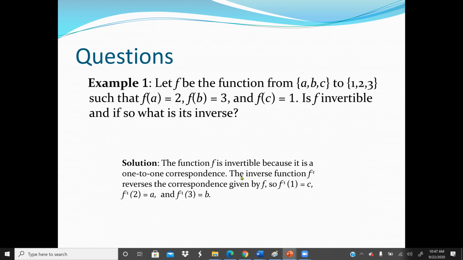The function is invertible because it is one-to-one. The inverse function reverses the correspondence given by f. So the inverse of 1 is c, the inverse of 2 is a, and the inverse of 3 is b.